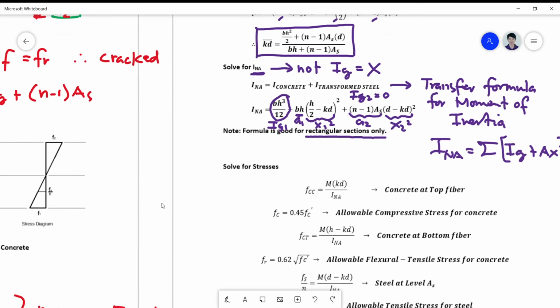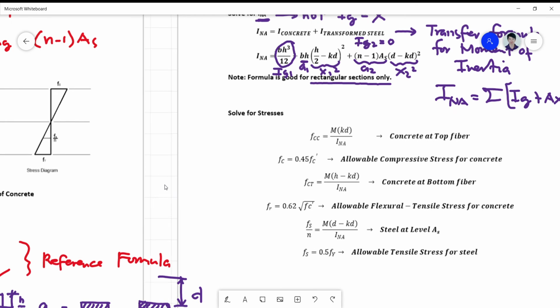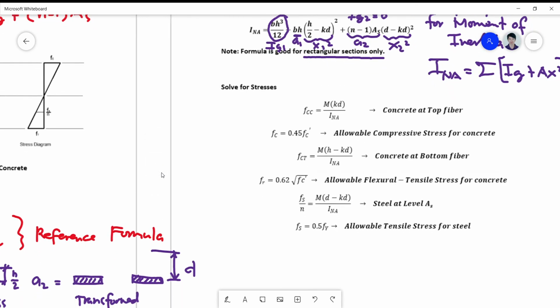Okay, next we solve the stresses by using the flexural stress formula. So your fc is Mc over I, but in this case your c is kd and your IG is INA.